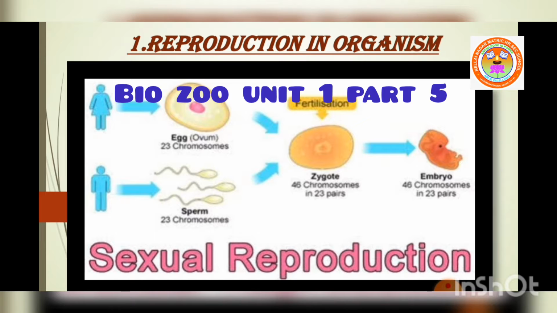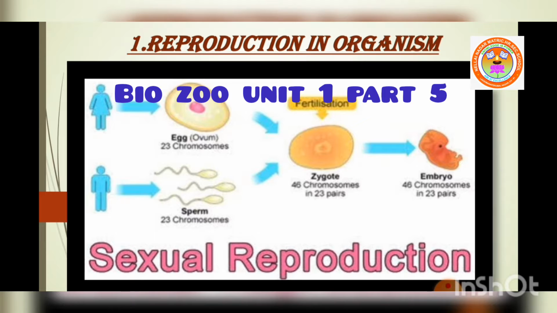We know there are two different modes of reproduction, asexual reproduction and sexual reproduction. What is sexual reproduction? Two parents participate in the reproductive process involving two types of gametes, ova and sperm.